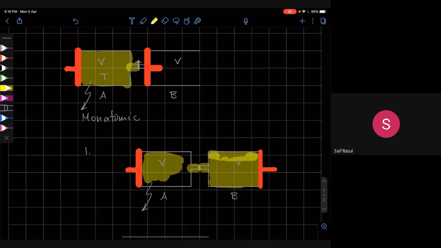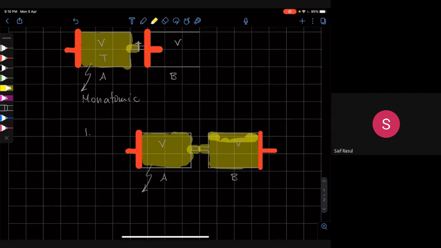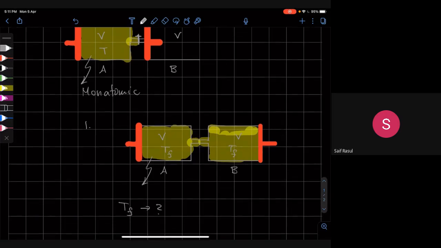This is no longer going to be at temperature T necessarily, right? So after this happens, there is some final temperature, T_f. Now the question is, what is T_f? That is question number one.